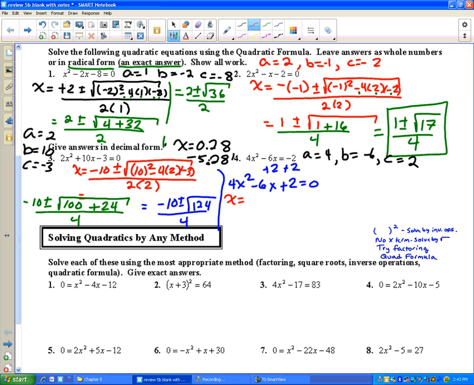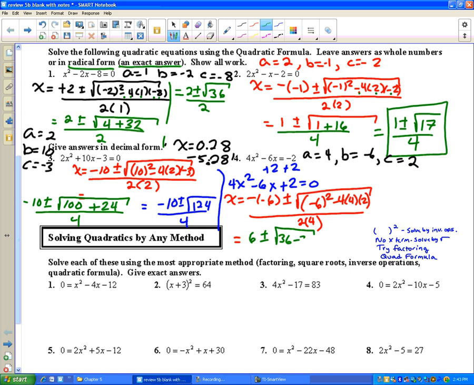X is equal to negative 6 plus or minus the square root of negative 6 squared minus 4 times A, which is 4, times C, which is 2, all over 2 times 4. This is then going to equal negative 6 is 6 plus or minus the square root of negative 6 squared is 36. Negative 4 times 4 is negative 16 times 2 is negative 32, all over 8.